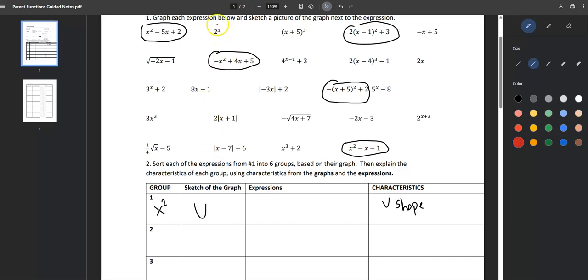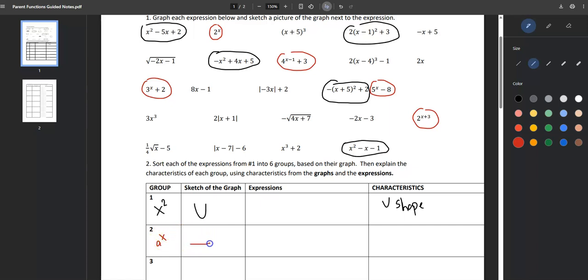Moving on to the next group. Anytime we have an x as an exponent, that's going to be another group. So there's a few of them within. And we'll just color code these so you guys can see them as well. So anything with something to the x, I'm just going to put a to the x, but it's that shape.